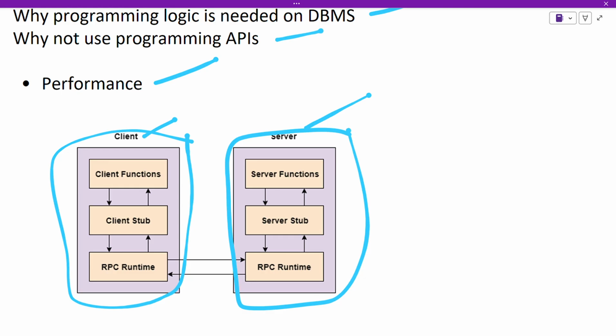So for application programmers to do some functionality on the data, they have to use a network. They have to connect to the database, some sort of management has to be done, and then they will be given access, and all these things have to happen. It will happen eventually, but maintaining a network is actually not an easy thing, because you have to make a lot of IO calls.